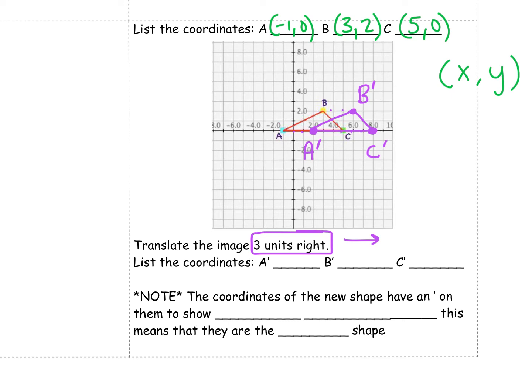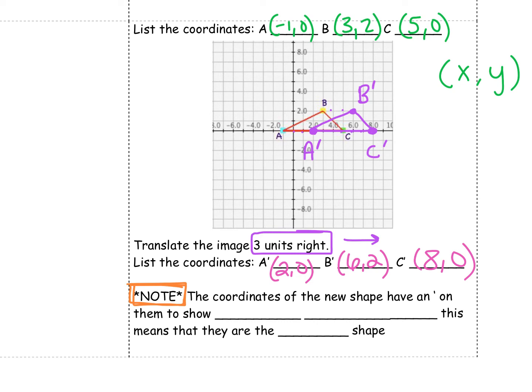And then we're going to relist our coordinates. A prime has now moved to 2, 0. B prime is at 6, 2. And C prime is at 8, 0. And look at this observation here. This note, making observations, is going to be the most important thing for translations.